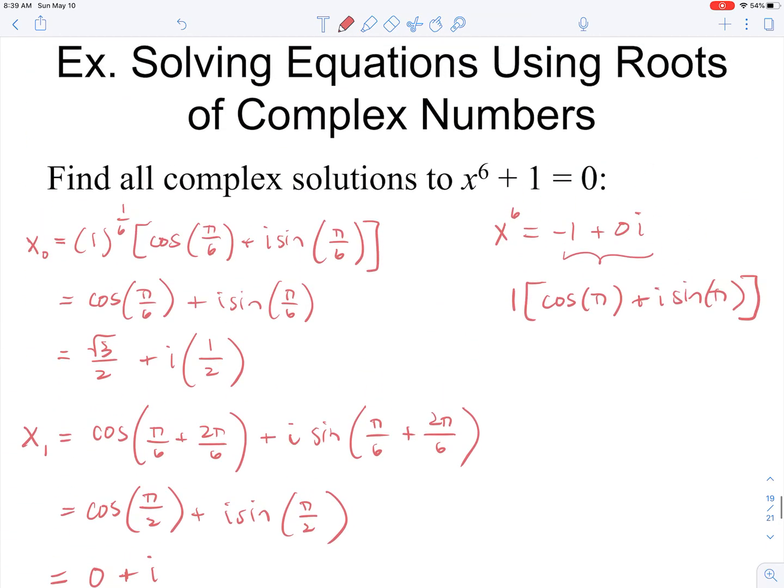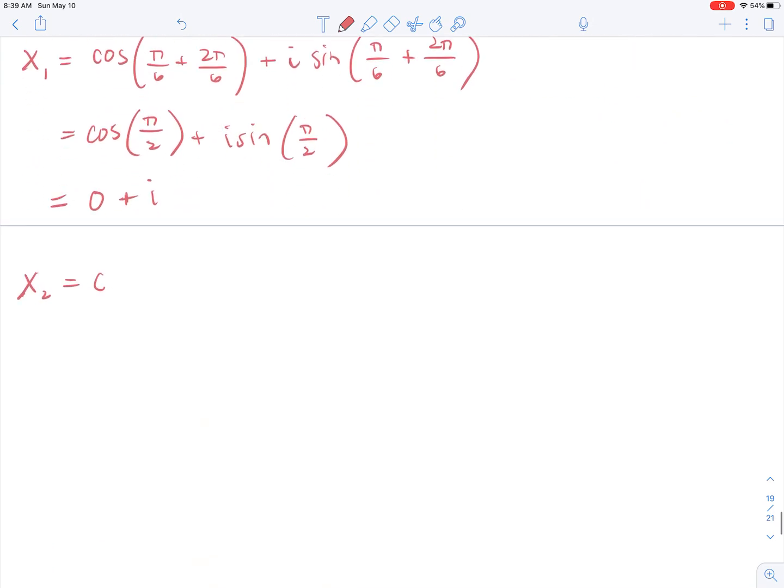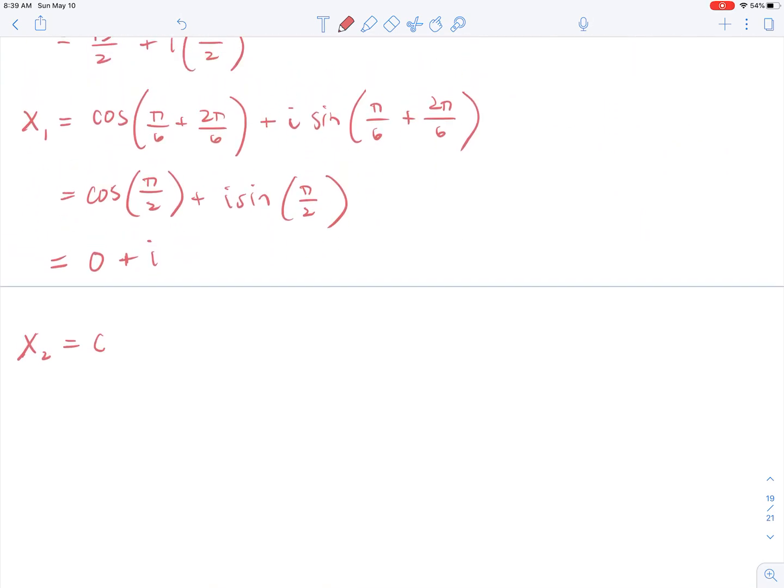The third solution I'm going to call x sub 2. You could either think about applying the nth root theorem and letting k be equal to 2, so that you're adding 4 pi over 6 to the pi over 6. But that would be the same as taking the angle from the previous solution, so pi over 2, and adding 2 pi over 6 again.